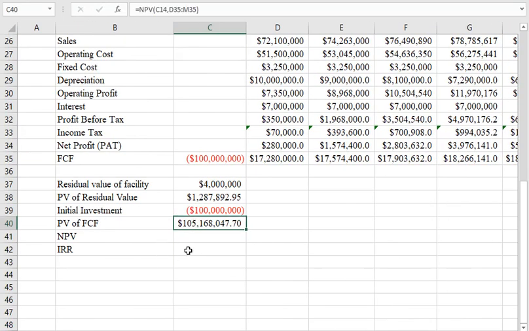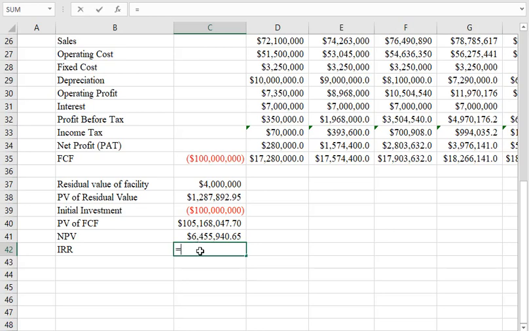This gives the present value of all returns, and to find the net present value, this must be added to the present value of the residual, and the initial investment must be subtracted. Here the net present value is around 6 million. That shows that the net present value is above 0, so we can accept this project.